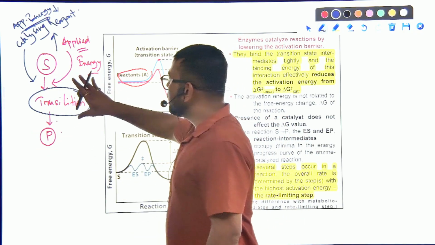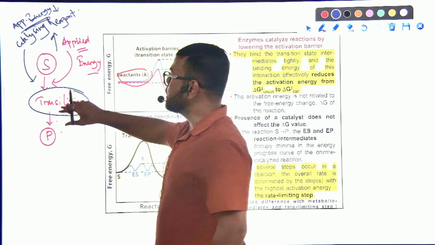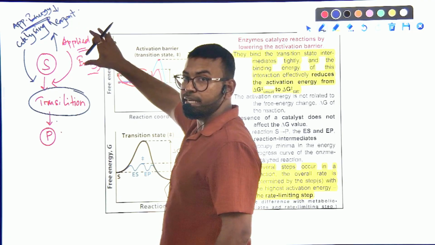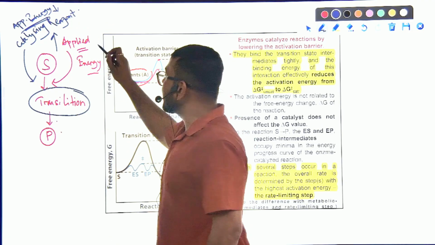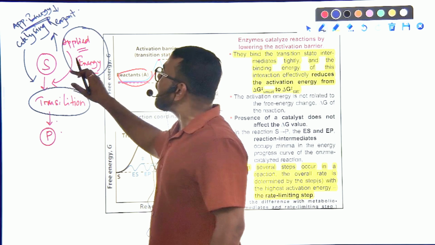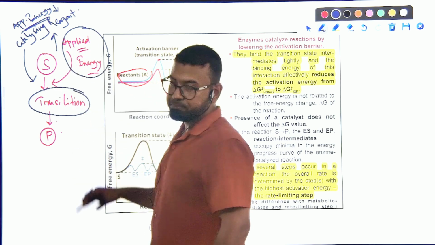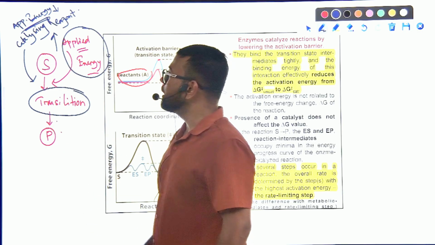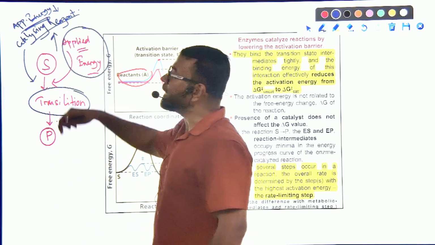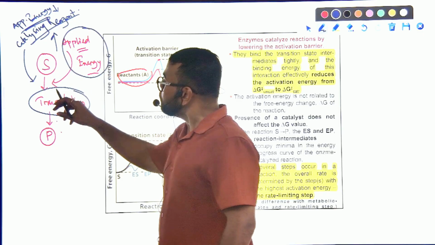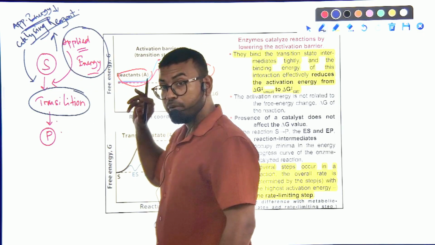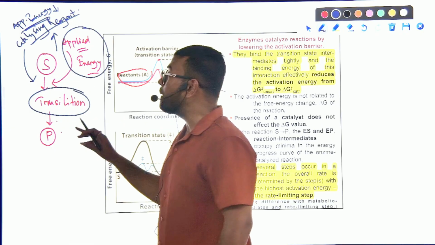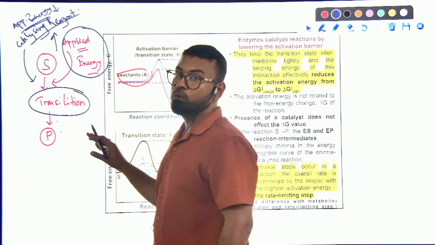So there must be a certain amount of energy that is applied to it. That applied energy without any kind of catalyzing reagent is high. But if that substrate is converted into product by application of a catalyzing reagent, then in order to reach the transition state for the substrate, applied free energy is low.